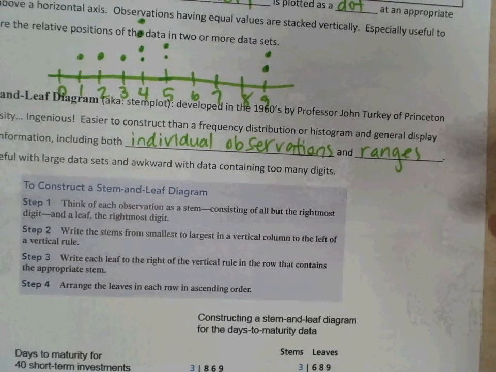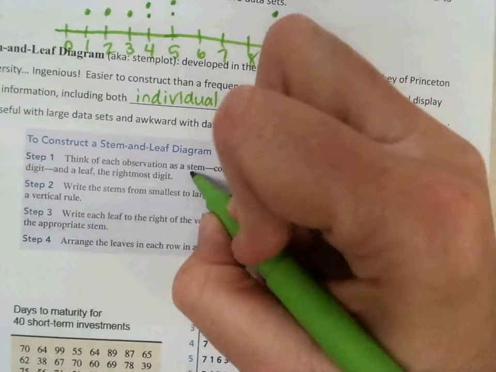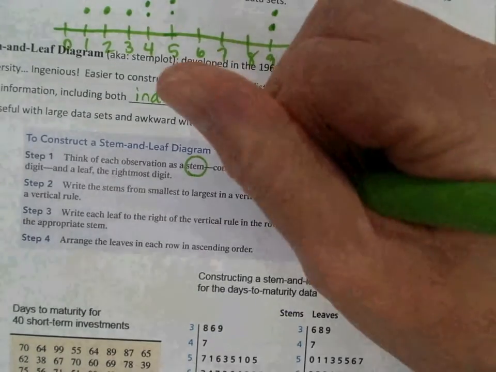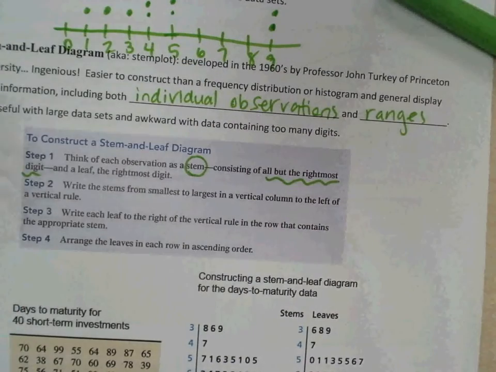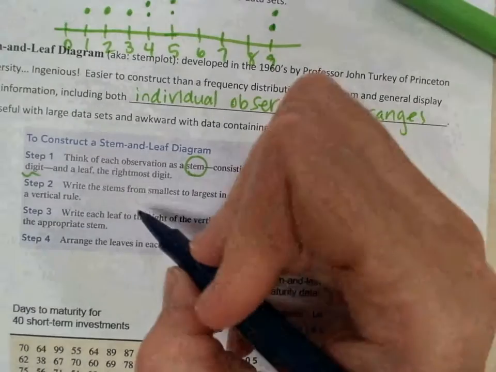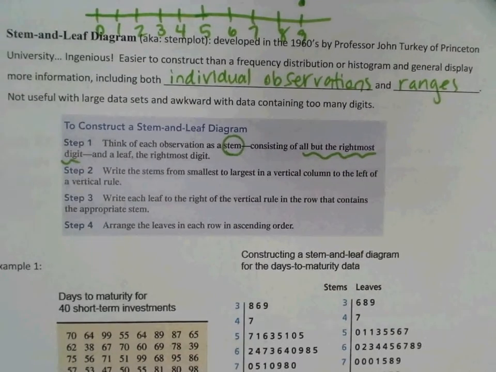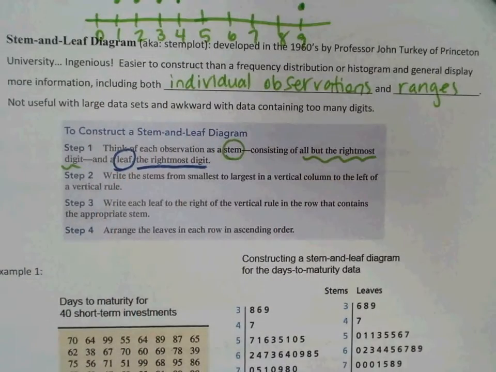We've got four steps to construct a stem and leaf diagram. The first one, can you read that one for us, Grace? Think of each observation as a stem, consisting of all but the rightmost digit, and a leaf, the rightmost digit. A leaf is just the rightmost digit.